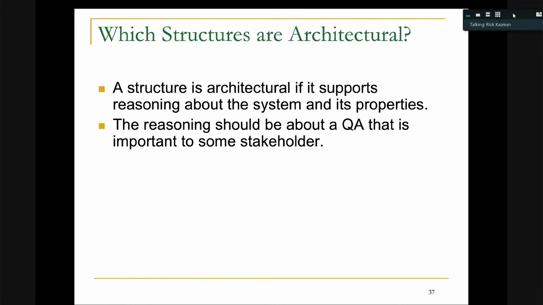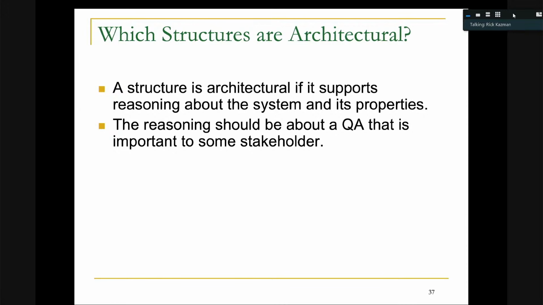So these tend to be quality attributes that are important to some stakeholder of the system. Some stakeholder, right? So a tester is concerned with testability. An end user is interested in the functionality, of course, but also the performance. Is this thing responding to me appropriately?